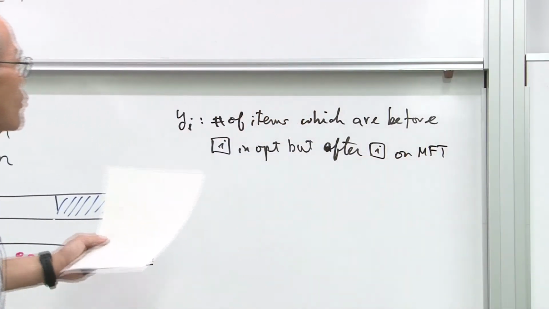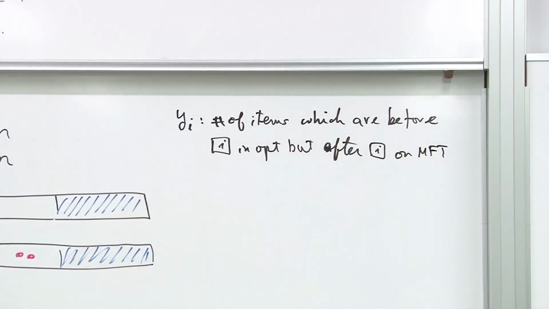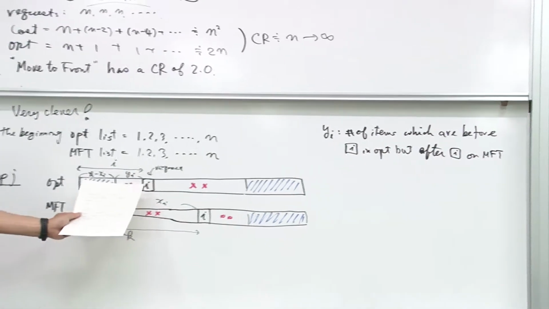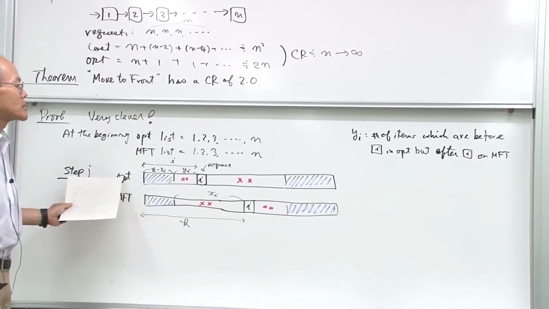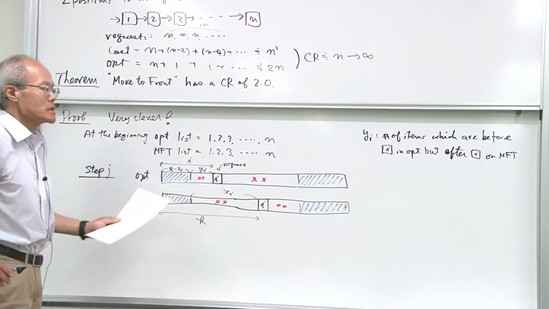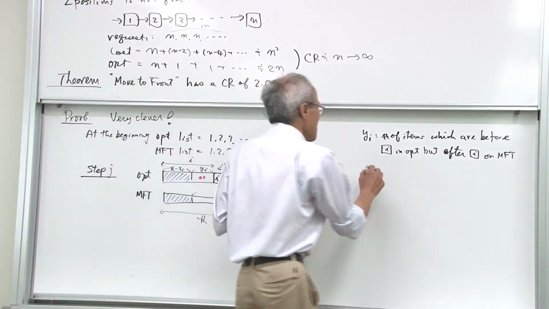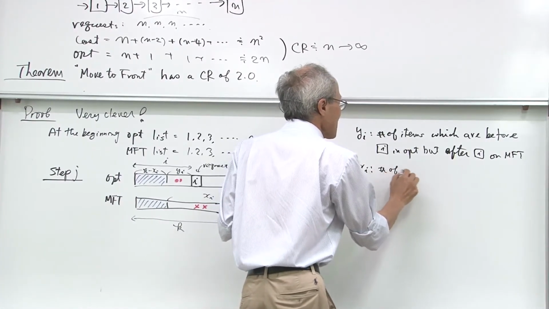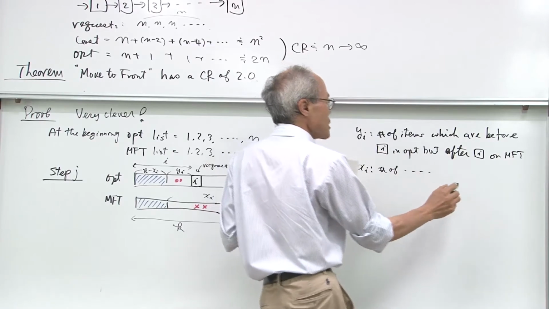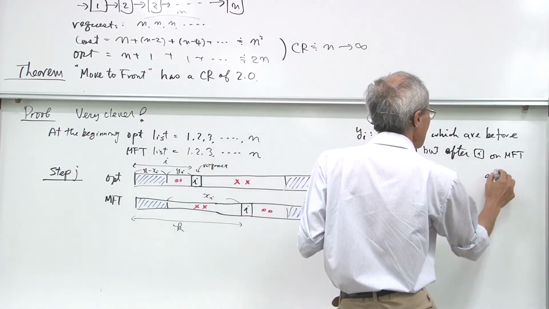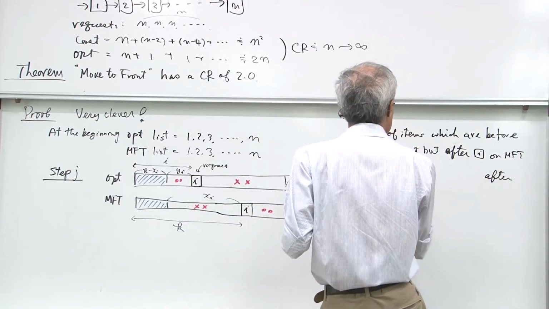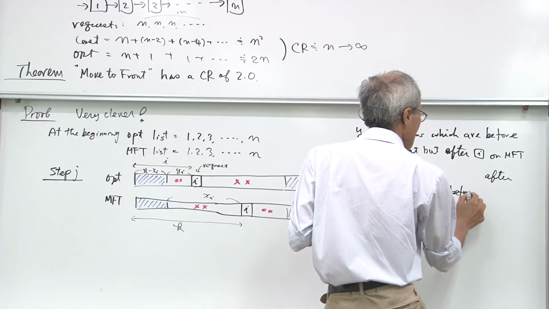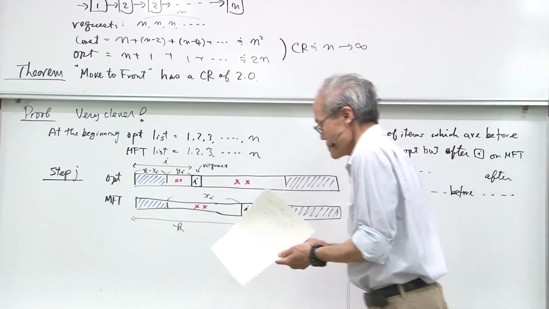Just a simple calculation. Once again, yi is the number of items which are before I in the opt list but after I in the MTF list, and xi is the number of items which are after I and before.